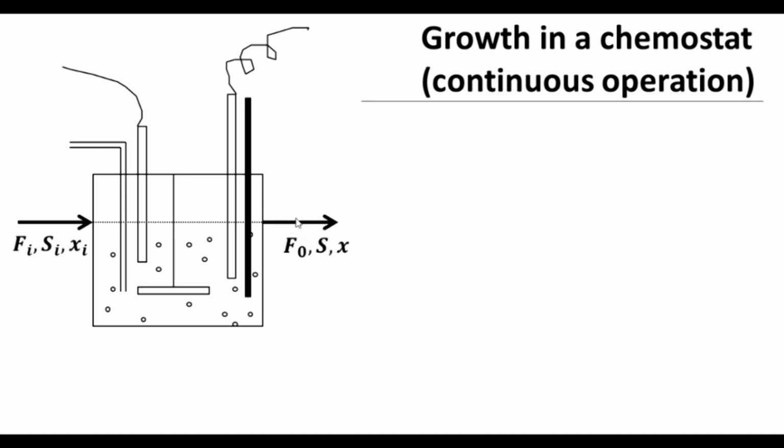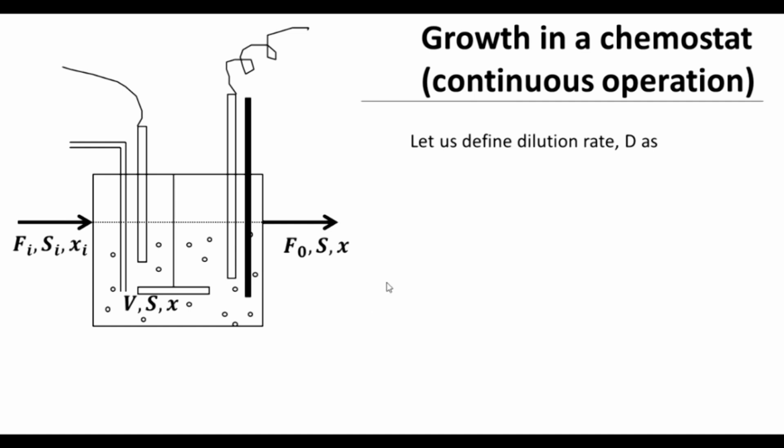S is the substrate concentration here, and X is the cell concentration here. And the volume of the broth, which we will take as a system, is V. As you can see, a part of this is being pulled out. So the substrate concentration and the cell concentration here need to be the same as in the outlet stream, because what is inside, well mixed, is being pulled out. Therefore, the concentrations of these two would be the same.